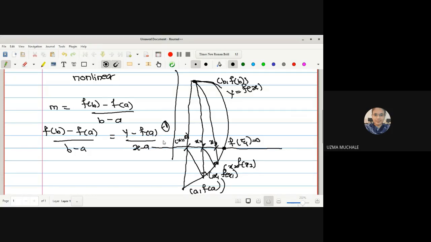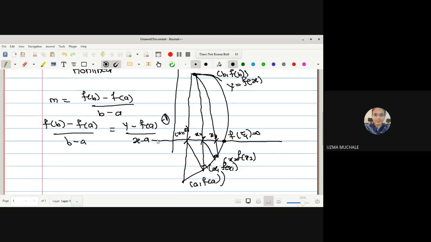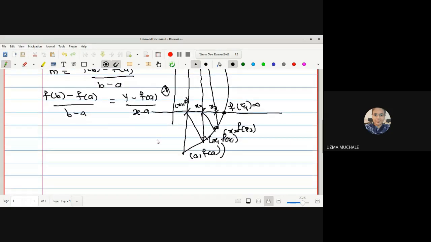Okay. So in this equation number 1, what we will do, first we'll put y equal to 0 at x equal to x1. Okay, first approximate root. At x equal to x1, what is the value of y? It is 0. Okay.